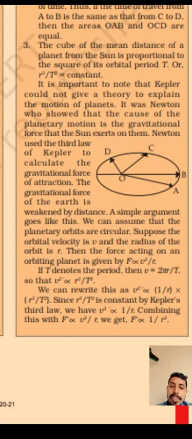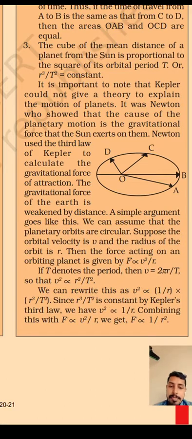Then we can rewrite this equation. What we did is multiply R square by T square with R by R. Taking that R into R square, we get R cube by T square into 1 by R. We multiplied with R by R, so the value will not change.